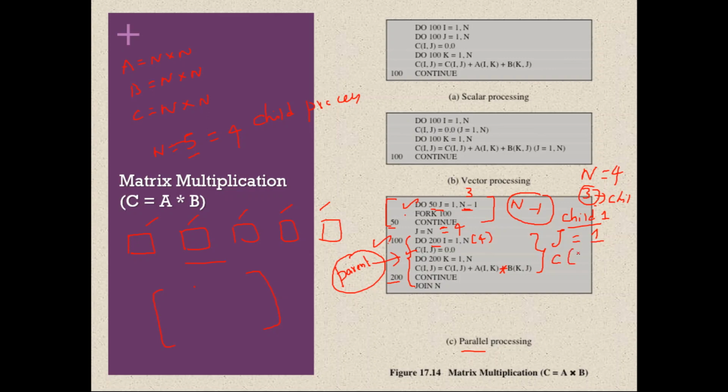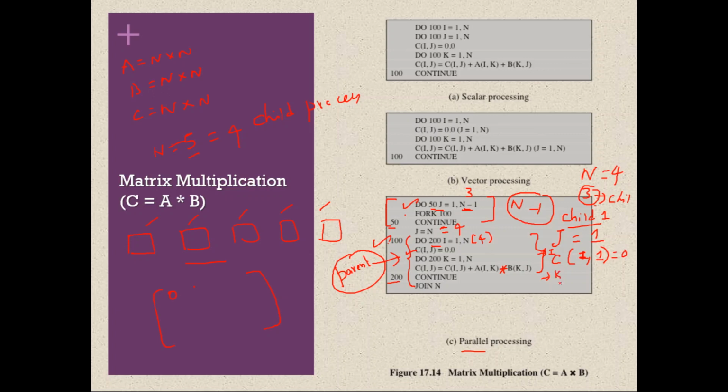So what is I? I is 1, and j is also 1. So C of 1 comma 1 is equal to 0. Now this location will become 0. Then another loop, do 200 k equal to 1 to n. So now the k loop is coming, inside the I loop. The k loop also repeats for n times.